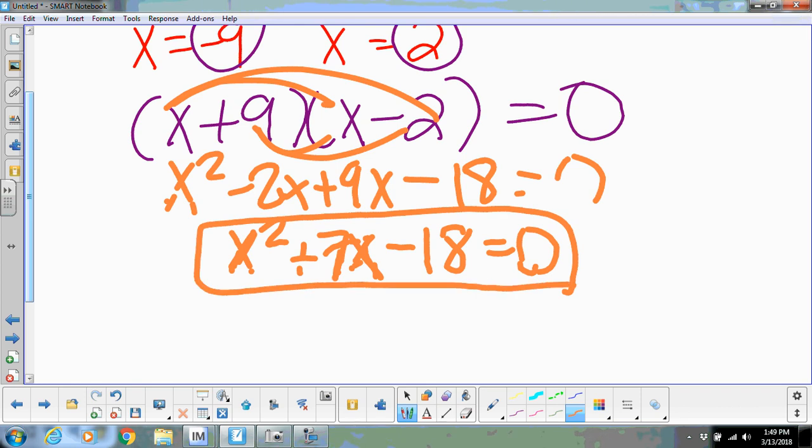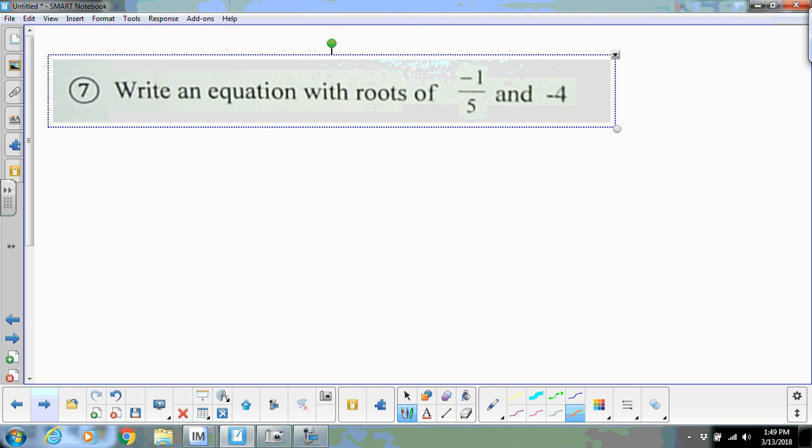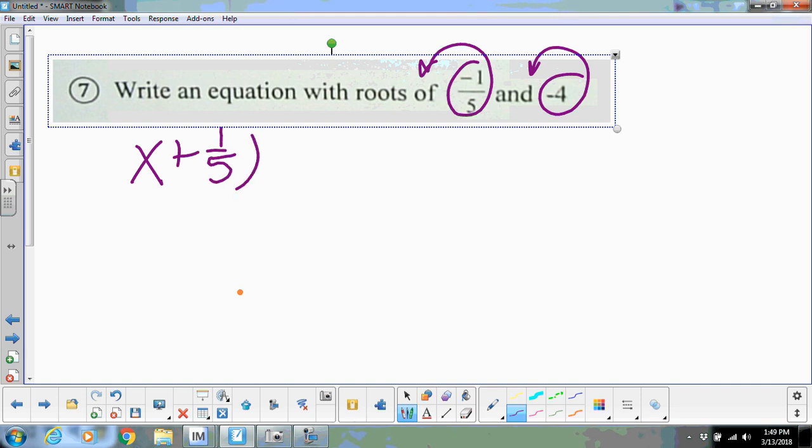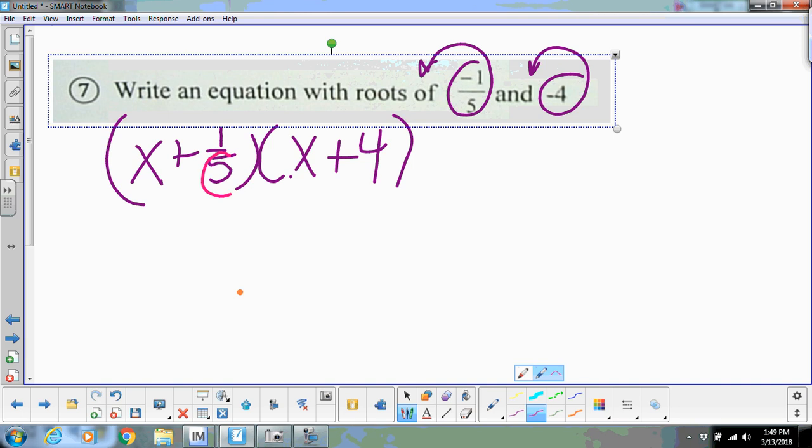All right, I did skip number 6, but I am going to do number 7. So the way that you'll do number 7 is very similar to how you'll do number 6 with that bottoms up on those fractions. So I'm going to start again with moving these over so it changes their signs. So that gives me x plus 1/5 and x plus 4. And then right here we've got to bottoms up that 5.